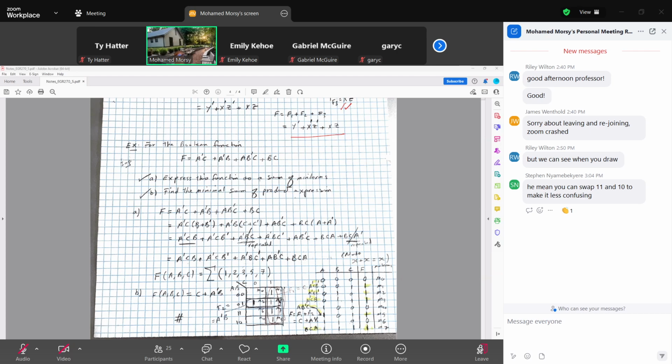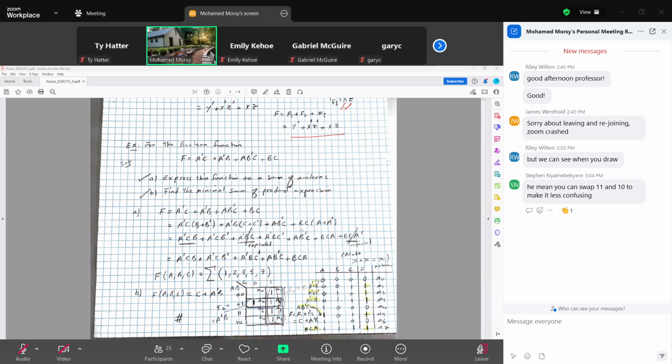To get this function f as a sum of minterms, we need to draw the truth table. From the truth table, we get M0, M1, M2, M3, M4, so we can get f in terms of the minterms where the output is 1.